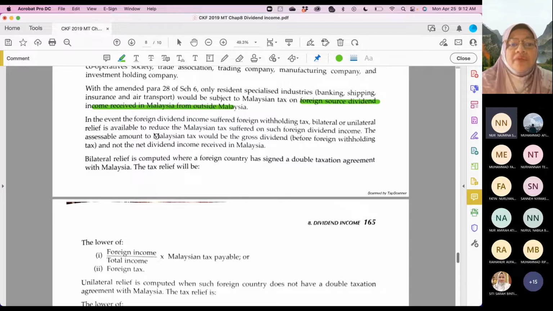In the event that the foreign dividend income suffered foreign withholding tax, later we will look into this topic when you do your Tax 2, where bilateral and unilateral relief is available.